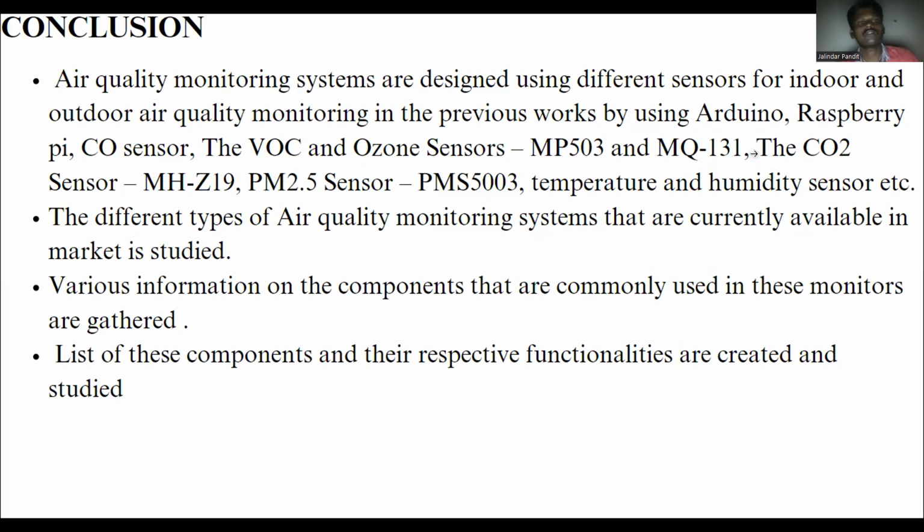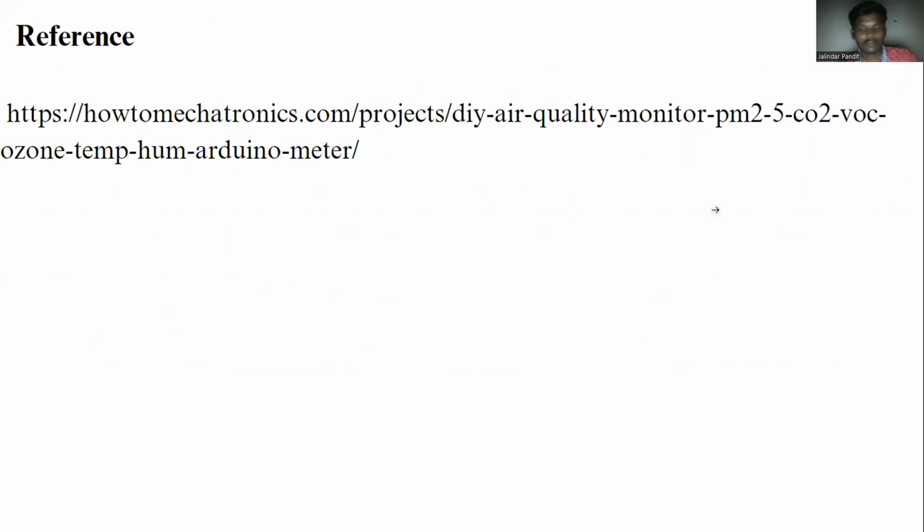These are the different types of air quality monitor systems currently available in the market. The components commonly used in these monitors and their respective fundamental functionalities are described. These are the references. Thank you.